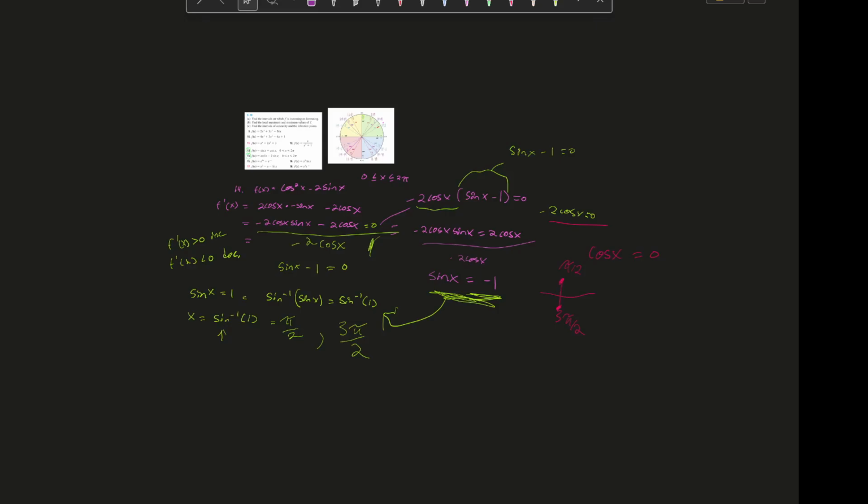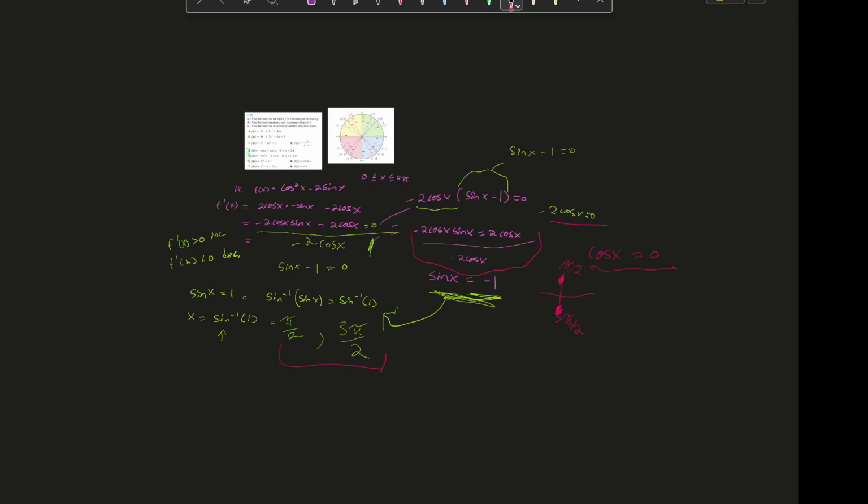I had to think about that for a second. I didn't see it until I solved this -2 cosine x, because that gives you cosine x equals 0 at 2 points on the unit circle, up here and up here. Your x coordinate is 0, which is pi over 2 and 3 pi over 2. But we already got that from this sine x minus 1 equals 0, and also from this right here, where we moved everything over and then divided.